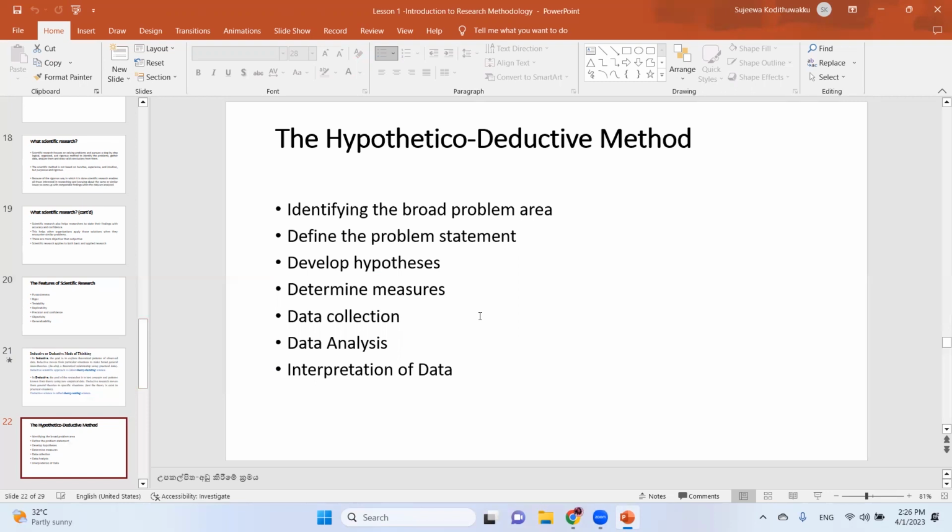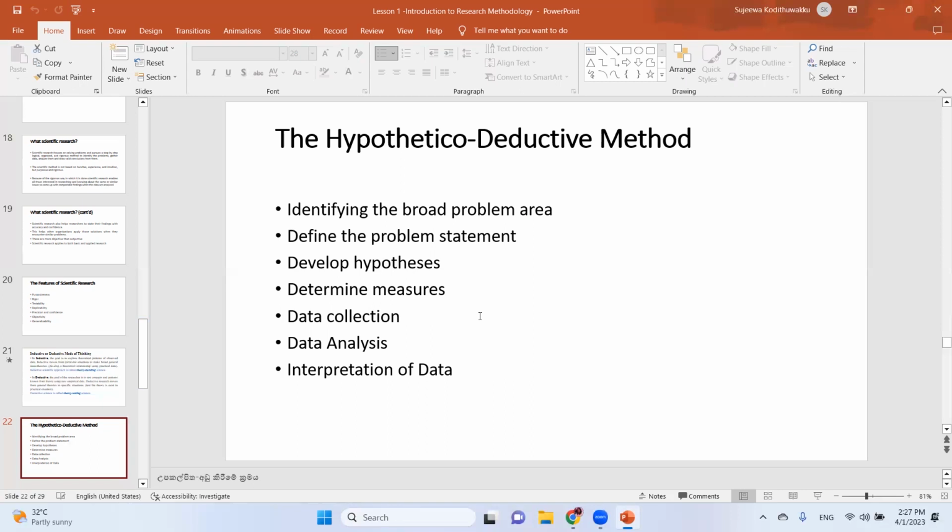An existing theory is there, let's say demand and supply theory, inflation or price level theories, then under financial management we discuss various types of capital structure theories, dividend theories, right? So you need to identify a particular theory. Under the deductive method, you are going to test an existing theory, and this is the entire research process.